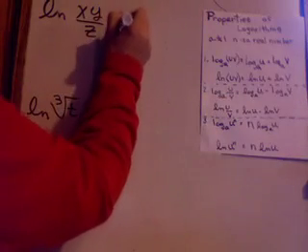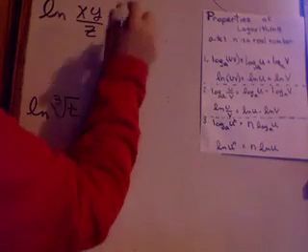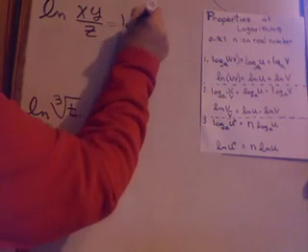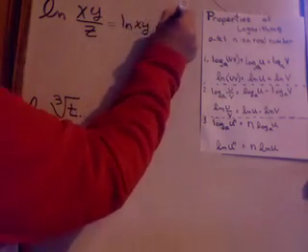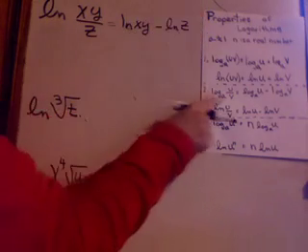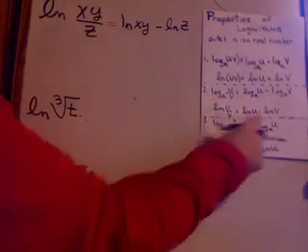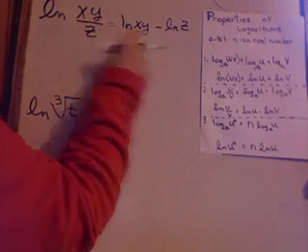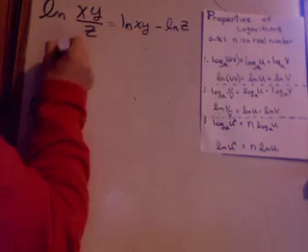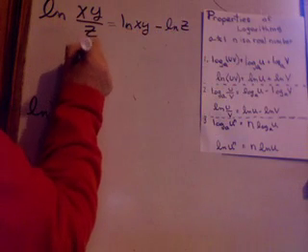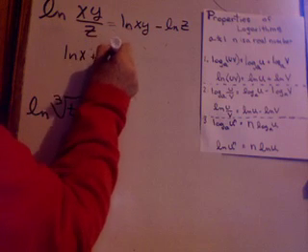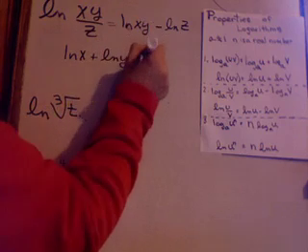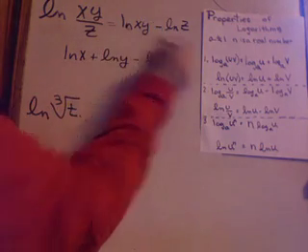So I'm going to write this as, well, it's a natural log, so ln xy minus ln z. I use that property there. Now, I'm going to write this as two separate logarithms, just like this property. So final answer, ln x plus ln y minus ln z.